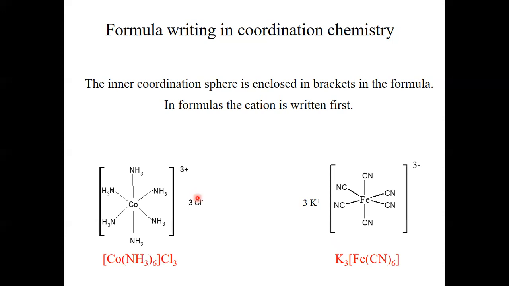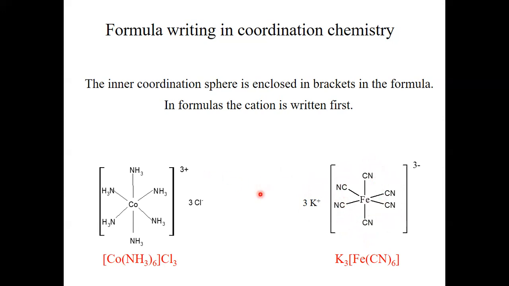When we have a complex cation, we write the formula for the complex cation first, and then the anion in the second coordination sphere behind. If we have a coordination compound which is a complex anion, then we first write the counter ion, in this case the potassium, and the complex anion after that.